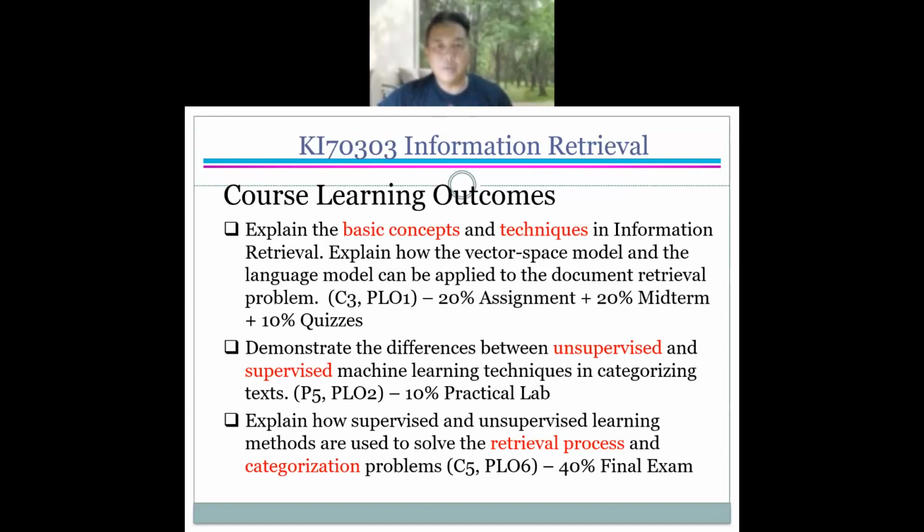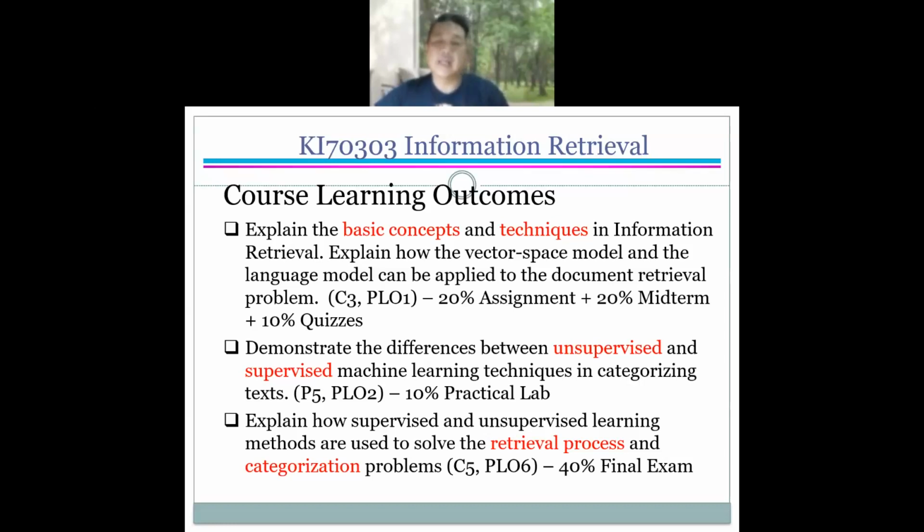So even if you get full marks for the 50% and the 10% in your lab, there's no guarantee for you to get full marks in your final exam. If you really understand the basic concepts and techniques, then you can score.